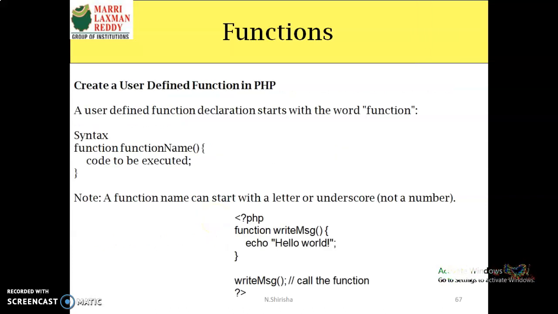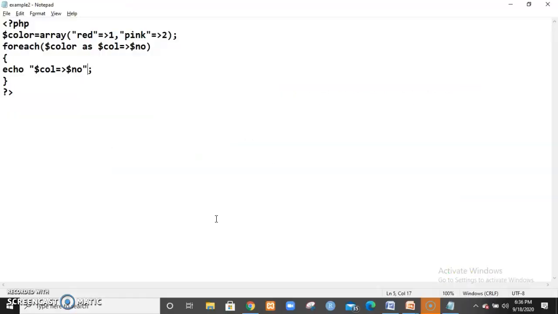So here I'll write a small function. Let me take one function. function is a keyword that you have to write before your function name in PHP. Okay, function is a keyword. So within the function, I'm declaring $x equals to 100.